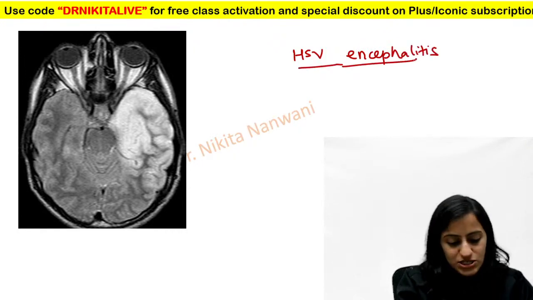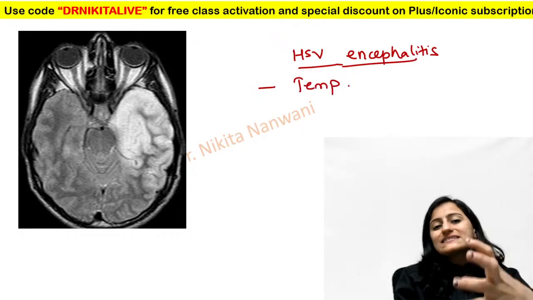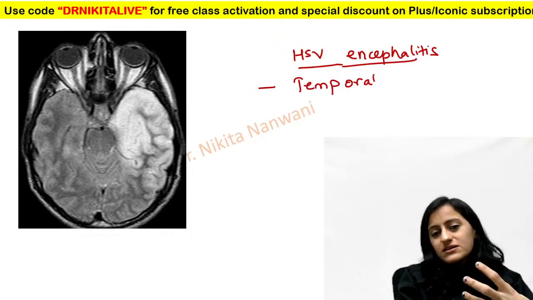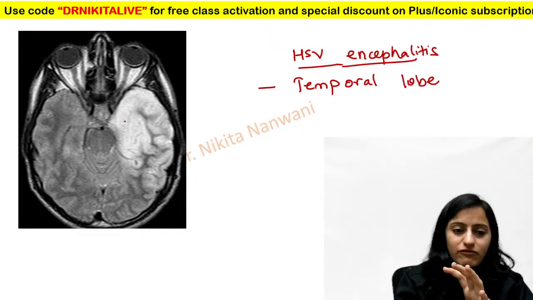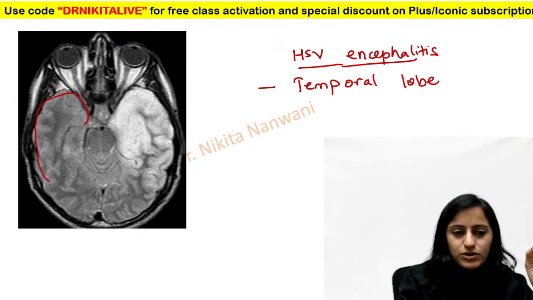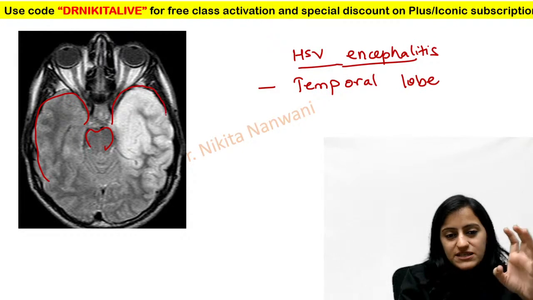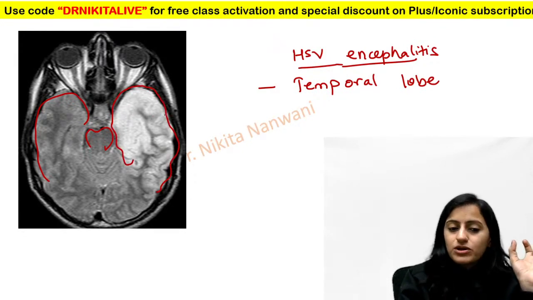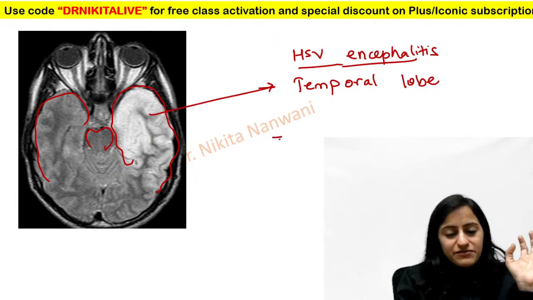Why is this HSV encephalitis? Because remember, it has an affinity for the temporal lobe. Whenever you see temporal lobe involvement, this is the temporal lobe, this is the midbrain. Lowermost you see this altered signal intensity, the hyperintensity in the temporal lobe. Always, always, always think of herpes encephalitis.